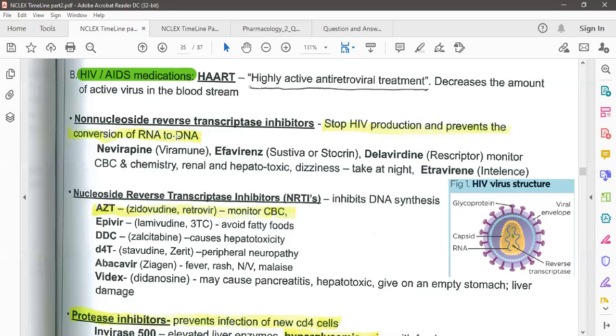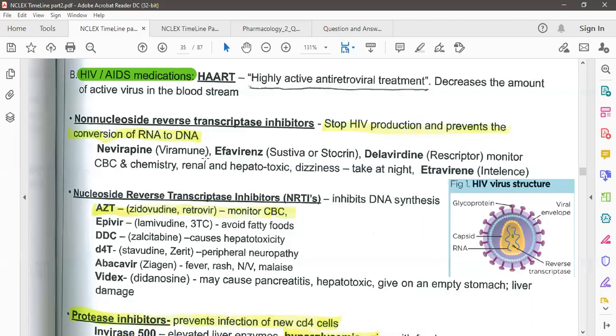So what are the drug names? We use nevirapine, or we use rilpivirine, or we use etravirine. Most of the HIV or AIDS medications, many of them end in VIR. When we prescribe this medication, we should monitor complete blood count, CBC, or blood chemistry.